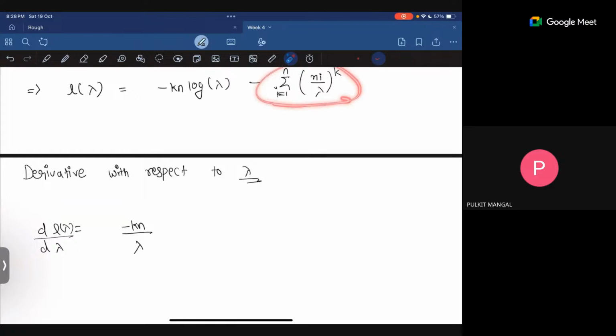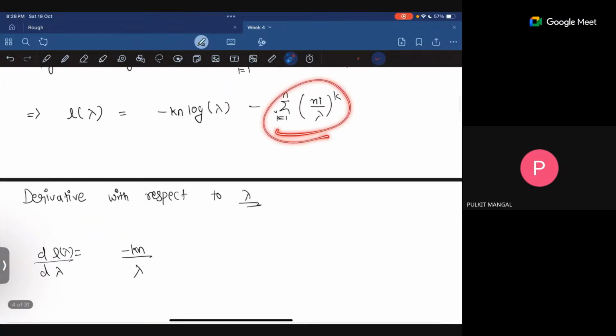Now what about the second one? Summation from i equal to 1 to n of xi by lambda power k. Then we have the summation, and lambda to the power k is the only thing that you have to take the derivative of with respect to lambda, that is 1 by lambda power k.